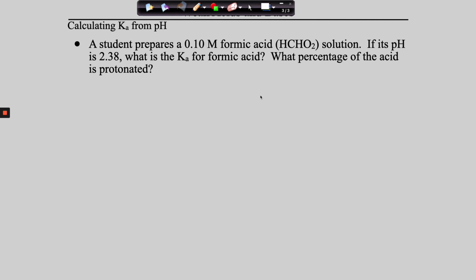So we now have a weak acid. This is called formic acid. How do you know formic acid is a weak acid? Because it's not strong. By the way, guys, formic acid is ant spit. This is actually the acid that ants produce. They have glands that create formic acid in the same way that we have glands that create hydrochloric acid, which is our stomach acid.